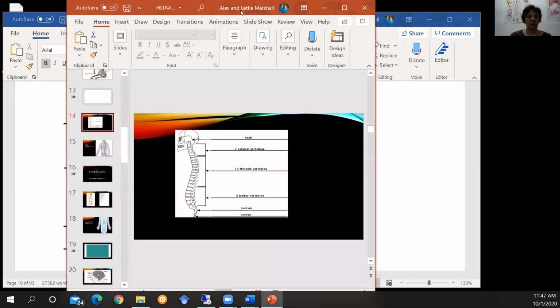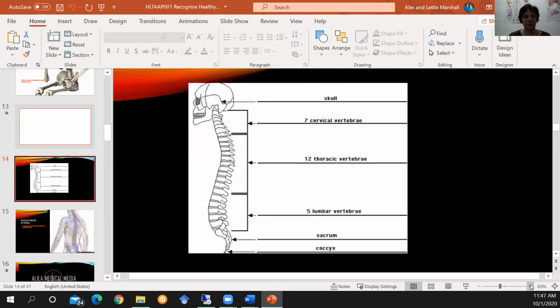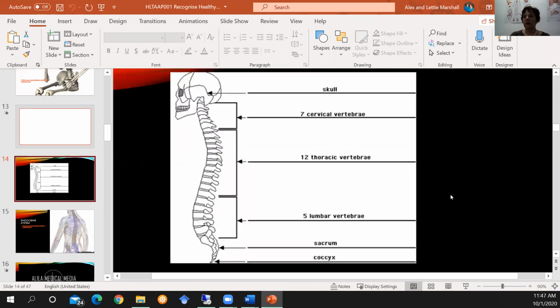There's the vertebra. If you want to write those in there on your assessment, yeah, because it's not in the book. You've already done that one. Okay, good. So it's there, and people online can just pause on the slide if they want to write that in.